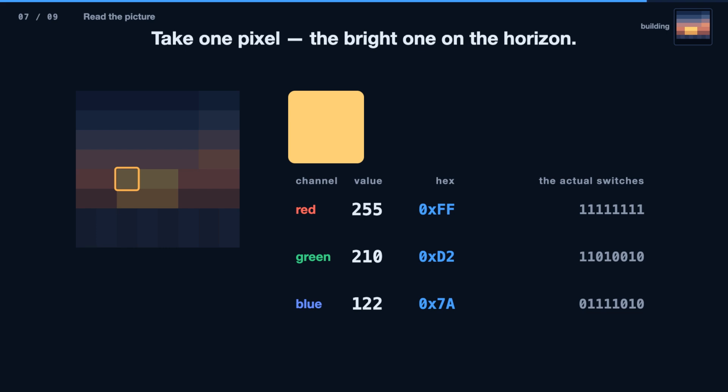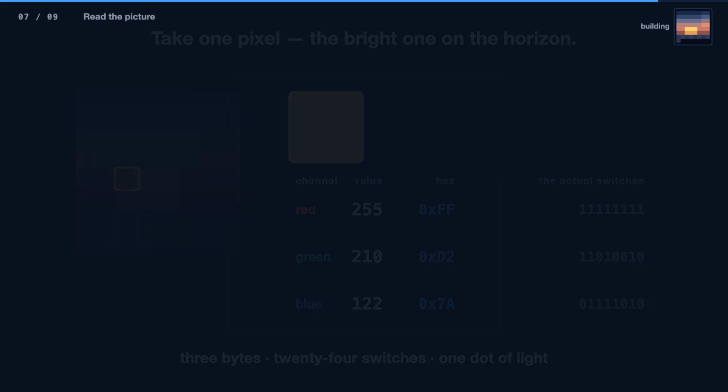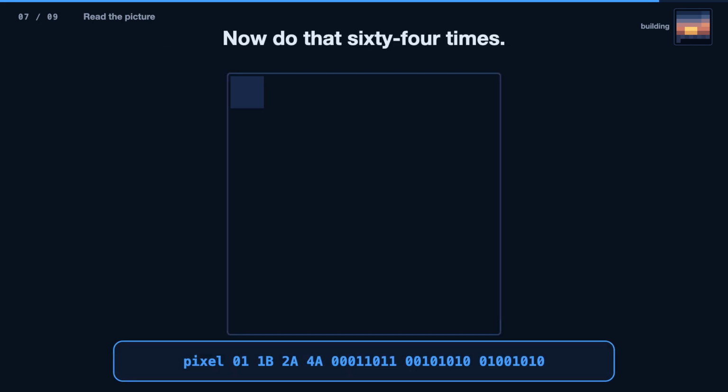In hex, that is FF D2 7A, and underneath it is 24 switches, each one on or off. Three bytes, 24 switches, 1 dot of light. Now do that 64 times and the picture assembles itself.